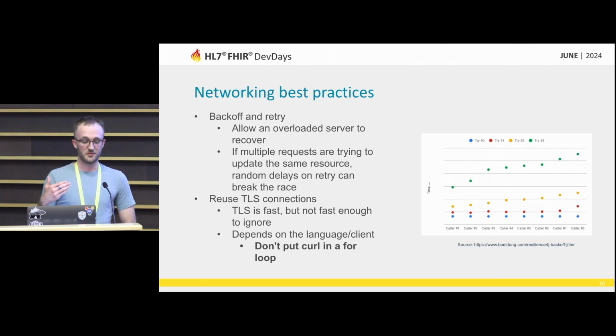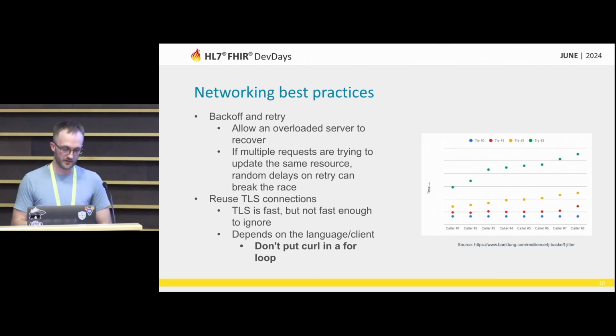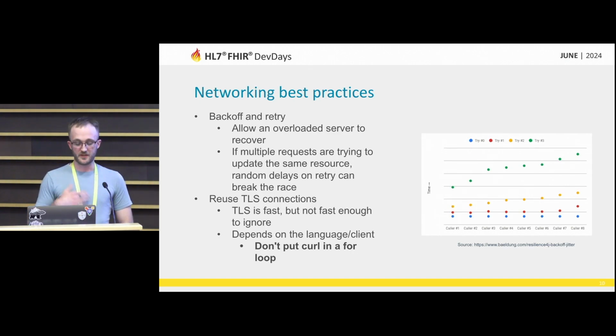It's not going to get better if you just keep hammering a server with more and more requests. It needs to work through a backlog and get what it's already trying to do processed before it can accept more requests. This might happen if multiple clients are trying to update the same resource, or other situations like that.